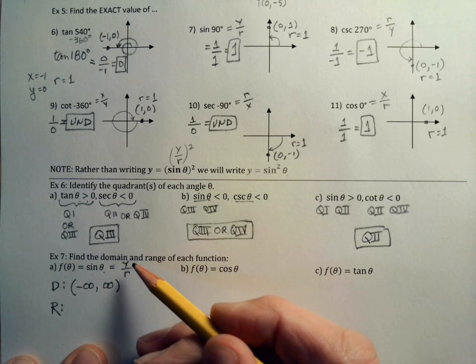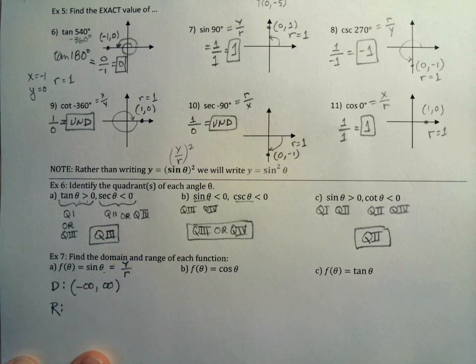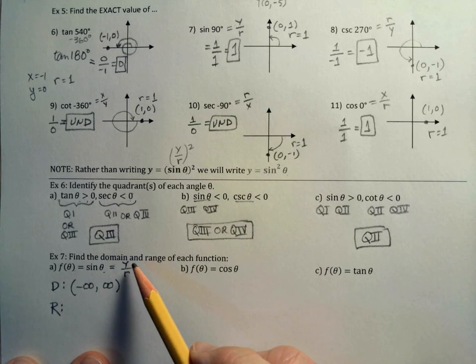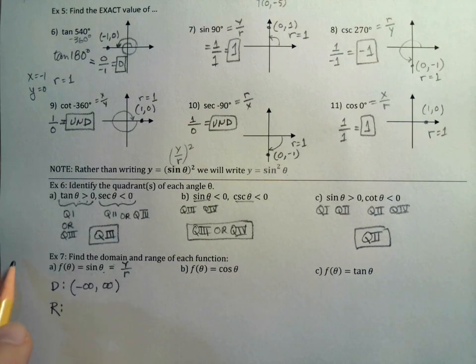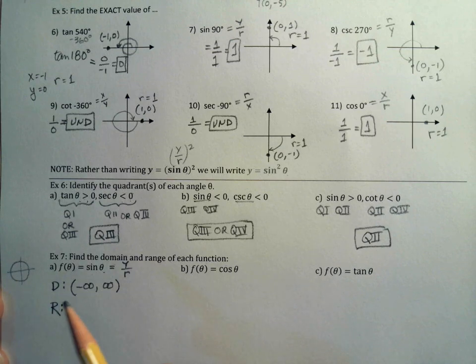So the bigger the y is, the bigger the sine will be. But how big can y be? If we think about a rotating point, let's say we're on the unit circle, and as we move around, how big can y be? The biggest point for y is up here. And so what would be the ratio at that point? y is the biggest.